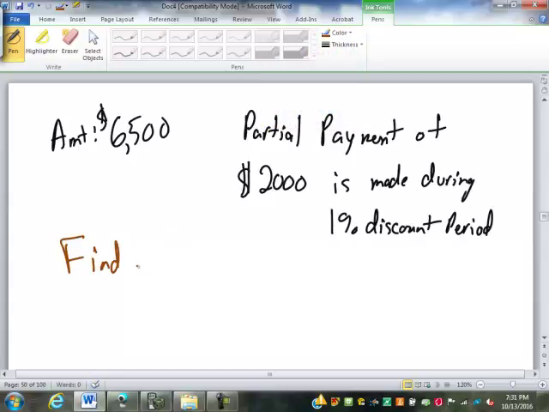Find the outstanding balance. Sometimes they'll word it as outstanding balance. Sometimes they'll just say find the balance.